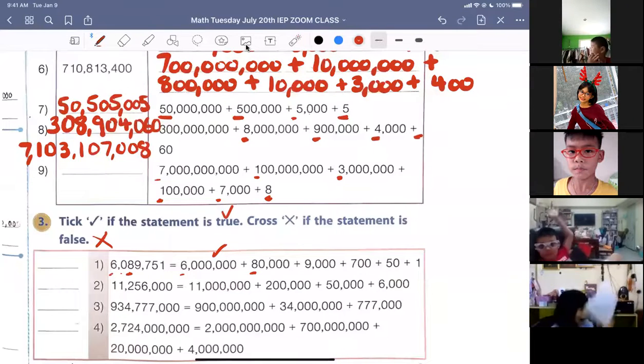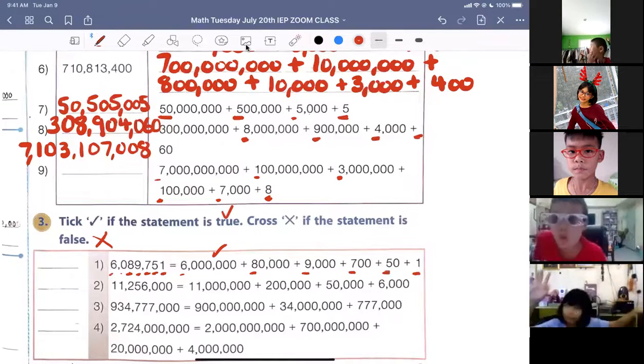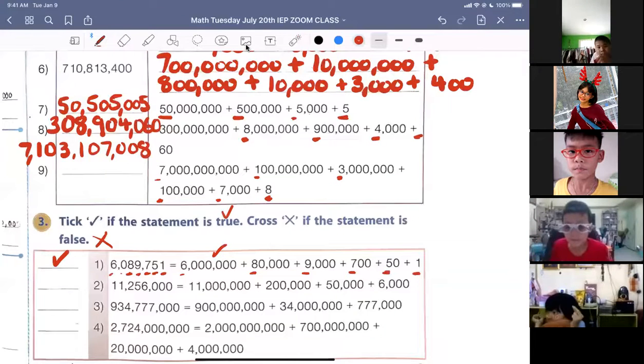This 8 is this 8. This 9 is this 9,000. This 700 is this 700, this 7 right here. This 5 is the same as this 5, so it's 50. This 1 is the 1. So you're going to check correct, right? Because it's the same.